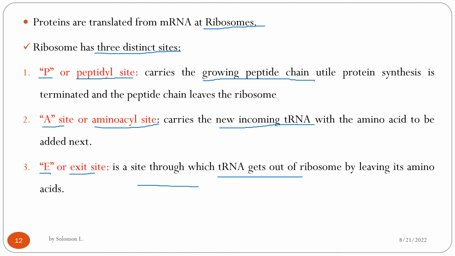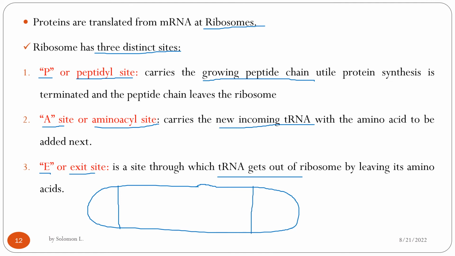For example, if this is the ribosome, it has 3 sites, and the middle site is the peptidyl site, which carries the growing peptide chain until protein synthesis is terminated and the peptide chain leaves the ribosome. This one is the E site, or exit site, through which transfer RNA gets out of the ribosome by leaving its amino acid.